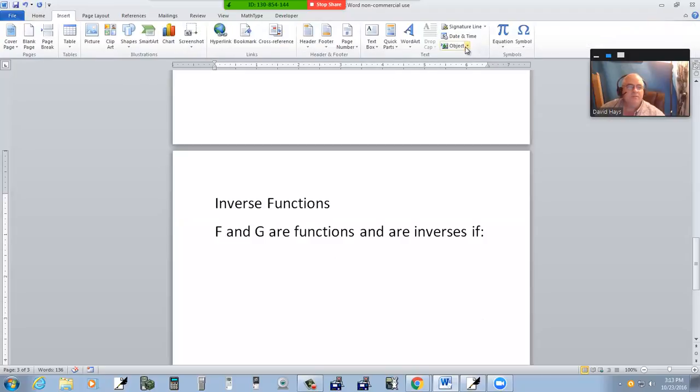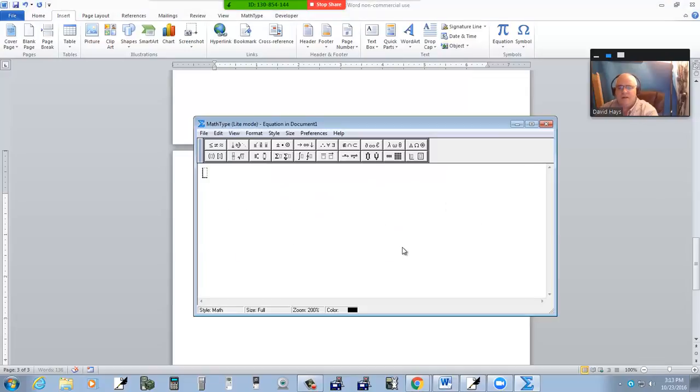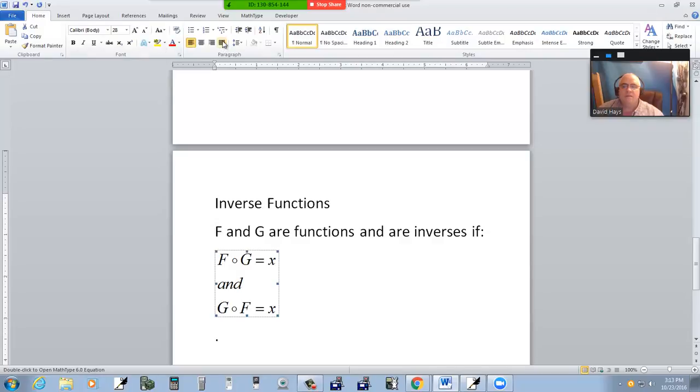The composition of f and g is equal to x, and the composition of g and f is equal to x. So that's when two functions are inverses of each other.